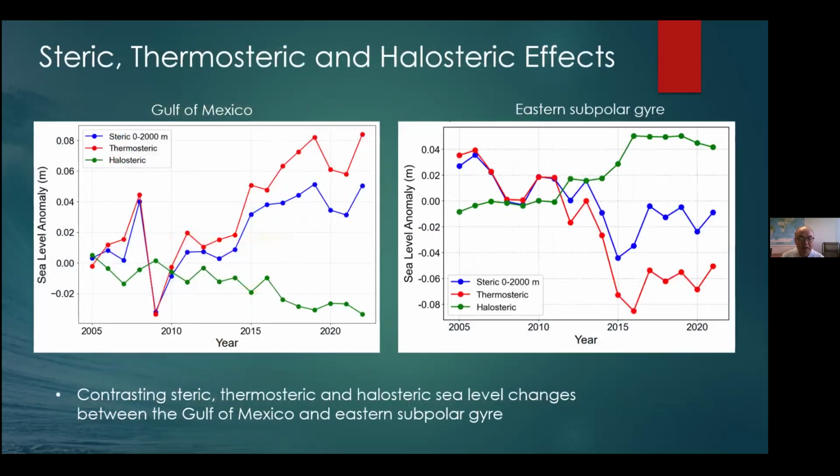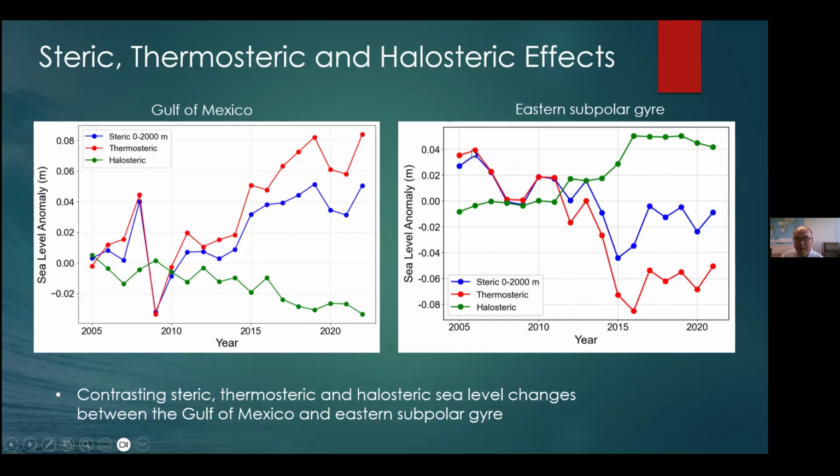The dynamic sea level fall in the eastern subpolar gyre region can be attributed to the steric effect. The right panel shows the steric sea level anomaly time series from the Levitus data.